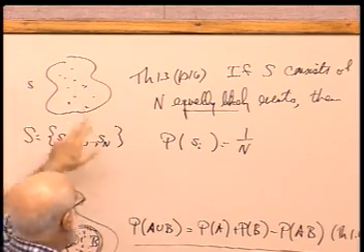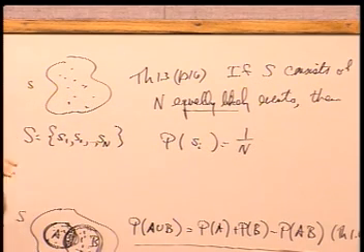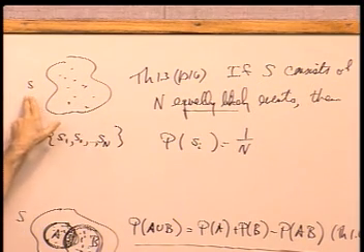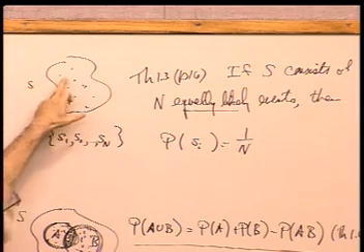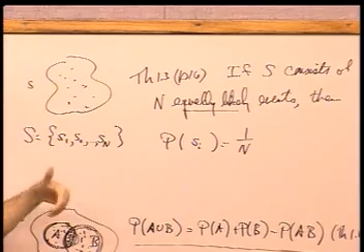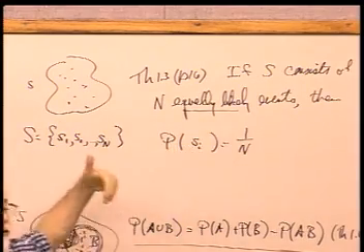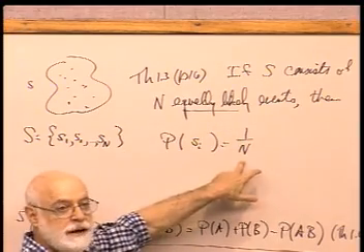He says, look, I have capital N points, and we know that the probability of the whole space must be 1, and since the union of these points make up the whole space, the sum of the probabilities of each point must add up to 1. And so if I want to say that they are all equally likely to occur, that means each one must have the same probability, and so therefore each one must have probability 1/n.